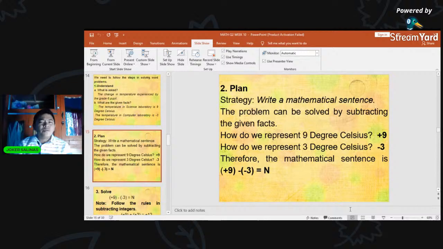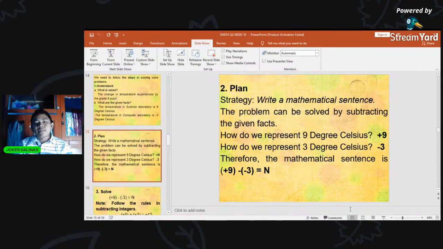How do we represent 9 degrees Celsius? As given in our problem, since it's the beginning, it's positive 9. It could be plus 9 or without any sign, that is still a positive integer. How do we represent 3 degrees Celsius?